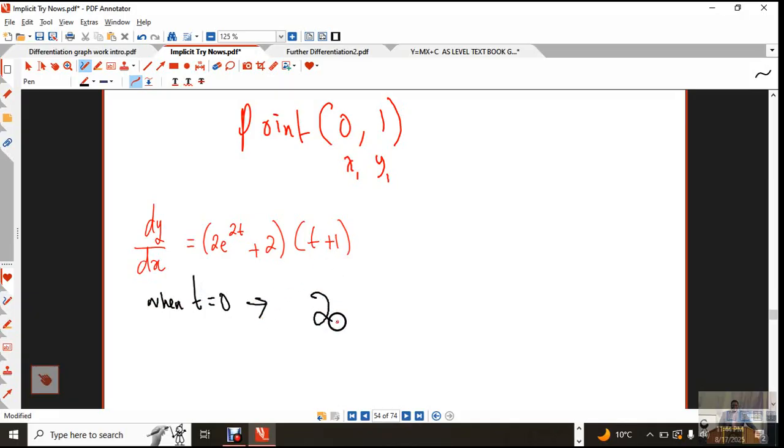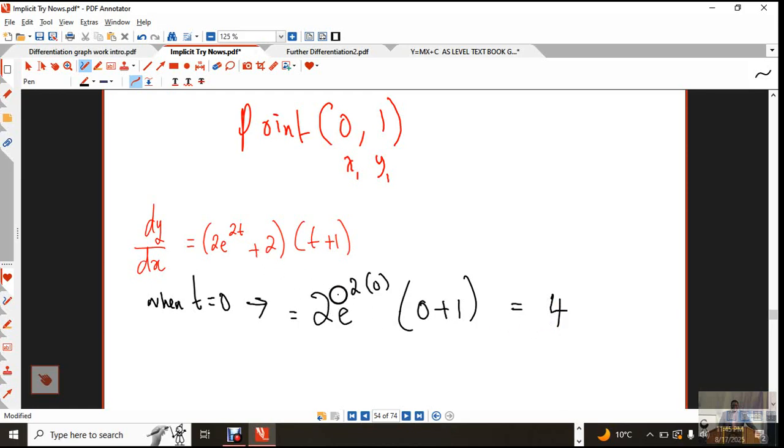We have got 2 e raised to the 2 times 0. Then that should multiply by 0 plus 1, of course. This is going to be nothing but 2 times 1. So the answer is equal to 2, I believe, is equal to 4. Just make sure that I have that.